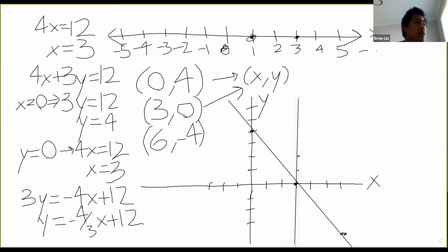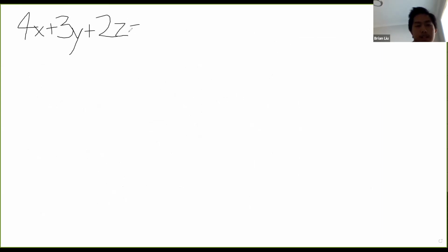So let's see. Okay, clear our drawings. What about 3 variables? Let's take the equation 4x plus 3y plus 2z equals 12. Like the previous ones, we can start out by guessing a few values. If y and z are both 0, then these two terms cancel away and we get 4x equals 12.